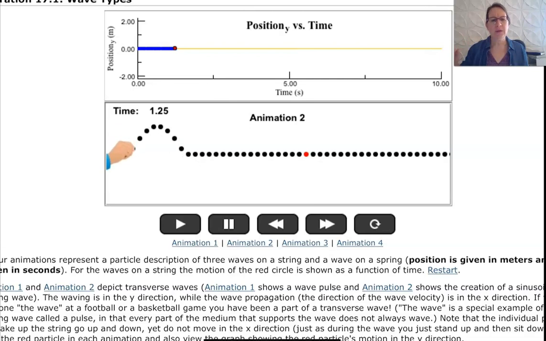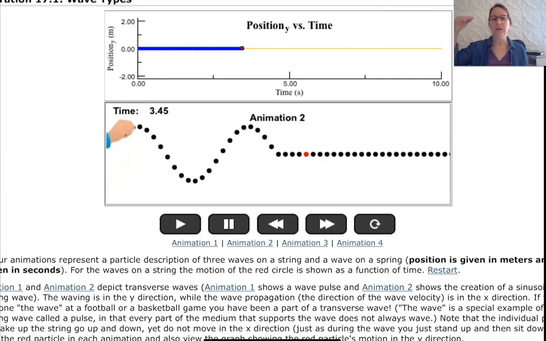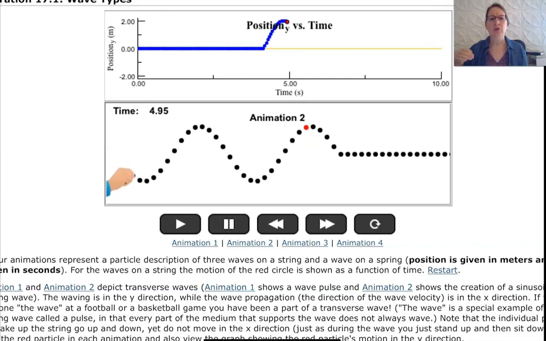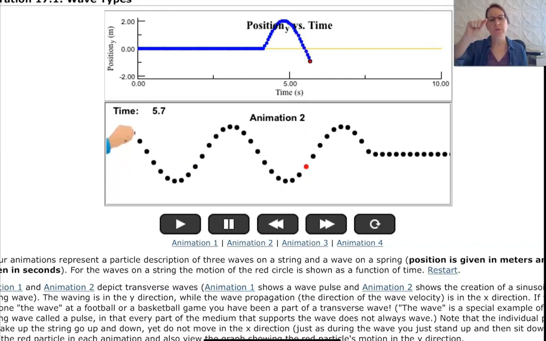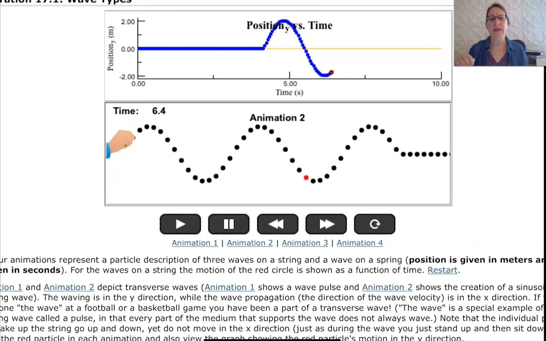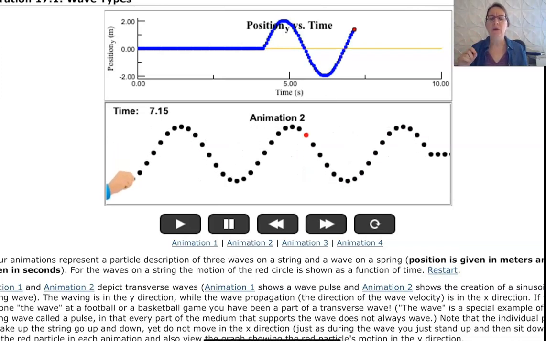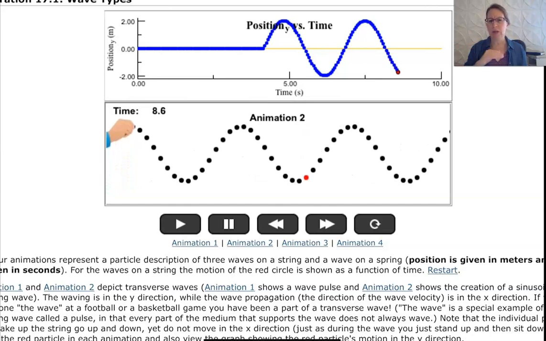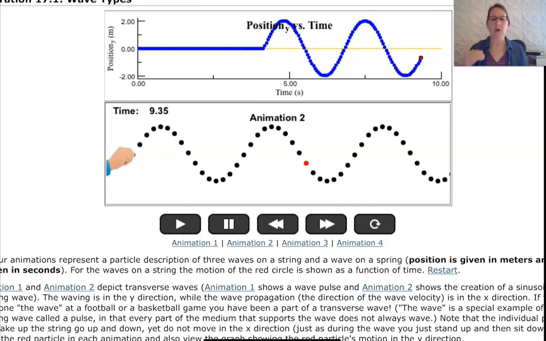So we have a pulse that's going up, but you can think of the hand that's moving as being generated by something that's oscillating up and down with simple harmonic motion, right? Now we're seeing the motion of the red particle and it's going up and down. Notice the red particle isn't changing its position horizontally, it's just going up and down vertically.